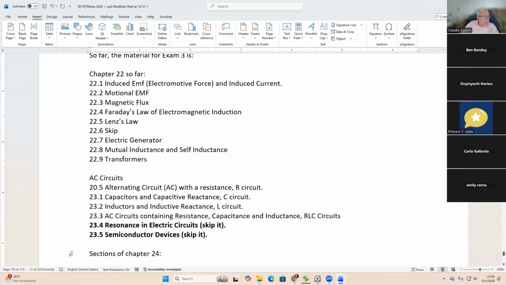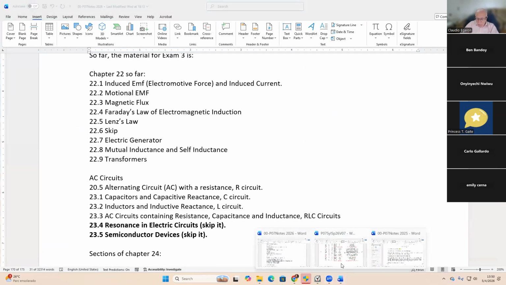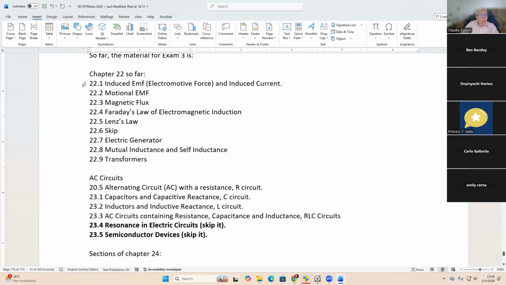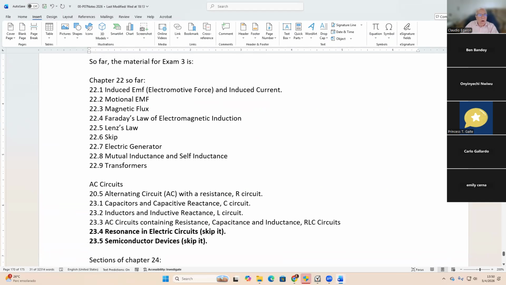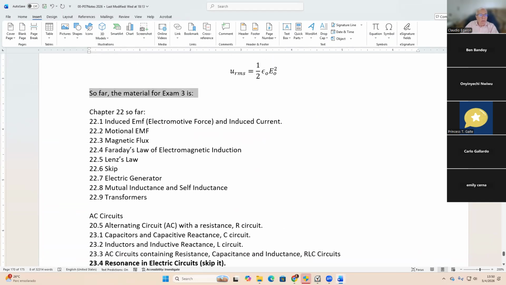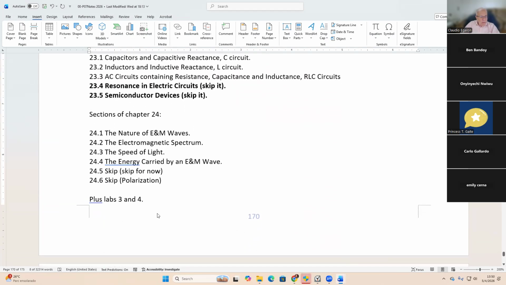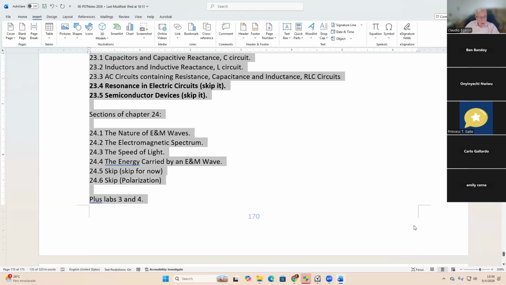We have all those sections for the exam, 22, 23, 24, we have covered so far. So far, the material for exam 3 is plus labs 3 and 4.